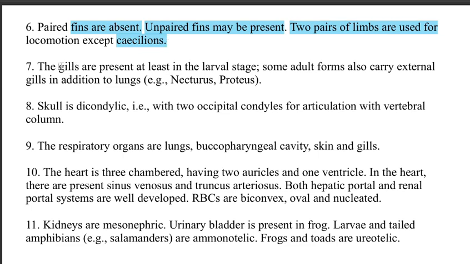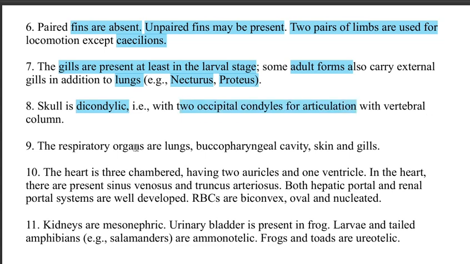The gills are present in the larval stage, but in the adult form lungs are also present for respiration, for example in Necturus, which is the mud puppy, and Proteus. The skull is dicondylic, which means they have two occipital condyles for articulation with the vertebral column.